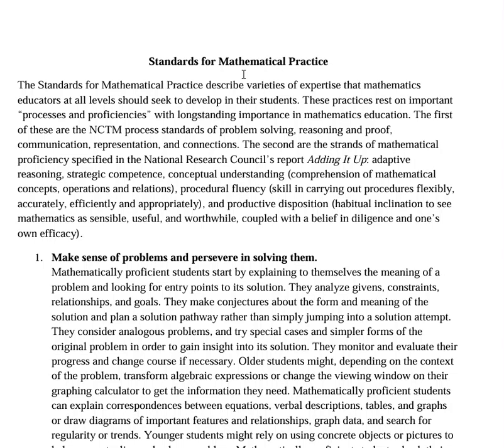The second are the strands of mathematical proficiency, specifically in the National Research Council's report, Adding It Up: adaptive reasoning, strategic competence, and conceptual understanding, comprehension of mathematical concepts, operations, and relations.